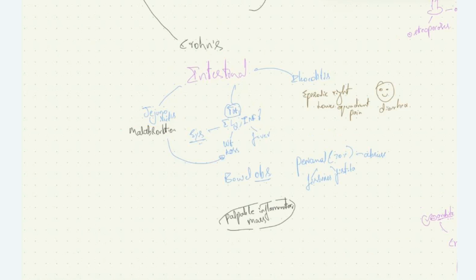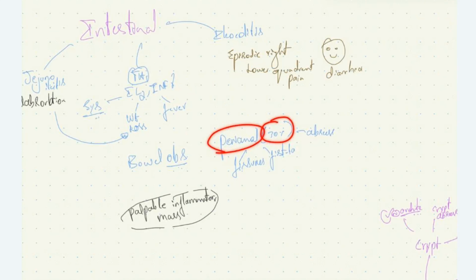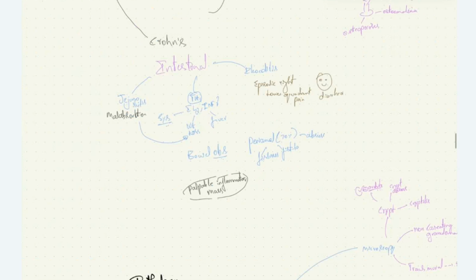Since patients with Crohn's disease have transmural involvement, or following stricture formation, the GIT can go into bowel obstruction, leading to features of acute abdomen, where the patient has acute onset of constipation, abdominal distension, and abdominal pain. 30% of patients have perianal fissures, fistula, and abscess. Patients with Crohn's disease can also have a palpable inflammatory mass.